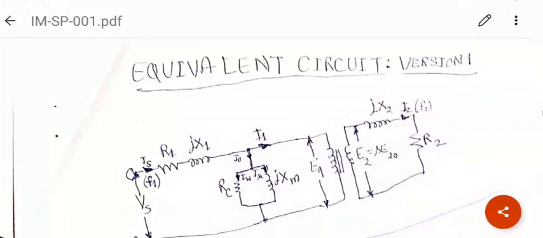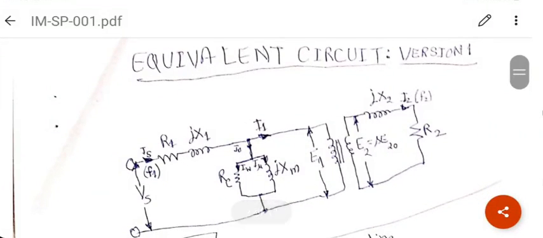Now equivalent circuit looks quite similar to what we saw for transformer, with two differences. The secondary side, which is the rotor, is short circuited. We have seen that there are short circuiting rings on both sides of the rotor. So this is a transformer in which secondary is short circuited.